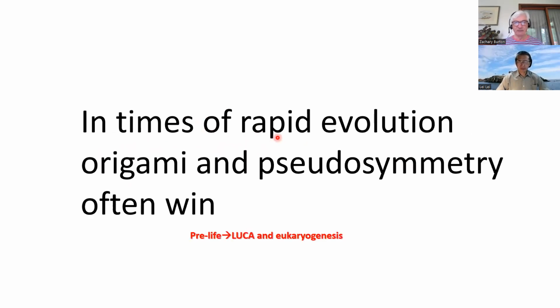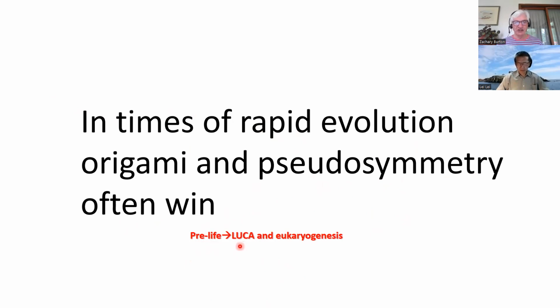In times of really rapid evolution, origami repeats, RNA repeats, and resulting translation and pseudosymmetrical folding. This is often a strategy that wins. Not always, but often. So it's part of the times of most rapid evolution. And it describes a big chunk of the pre-life to Luca.